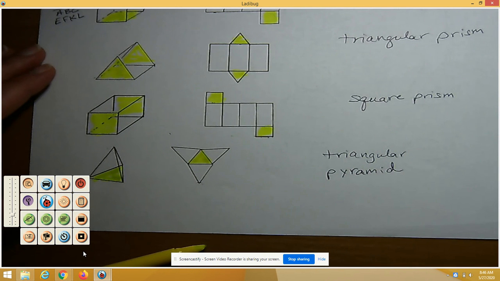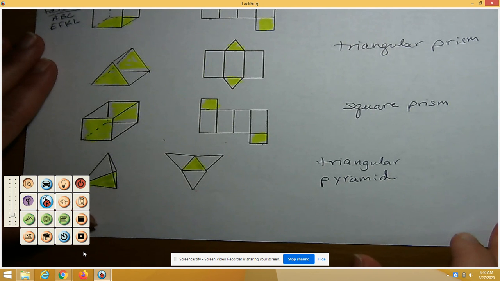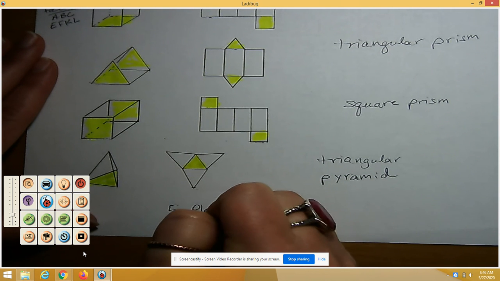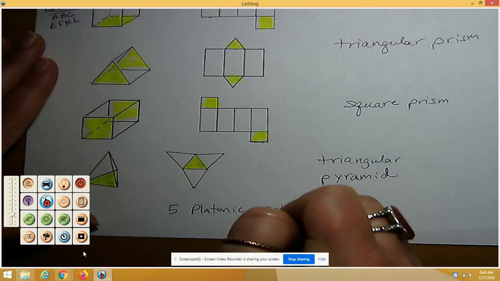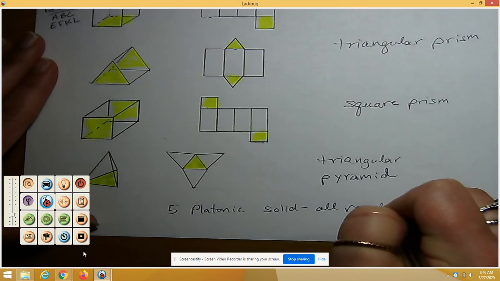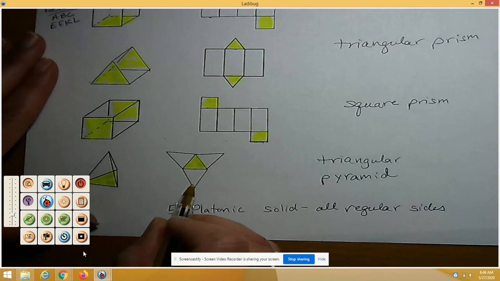And then I would be remiss if I didn't mention real quickly that there are five platonic solids, and these have all regular sides. So this one here almost looks like it's got all four congruent triangles.